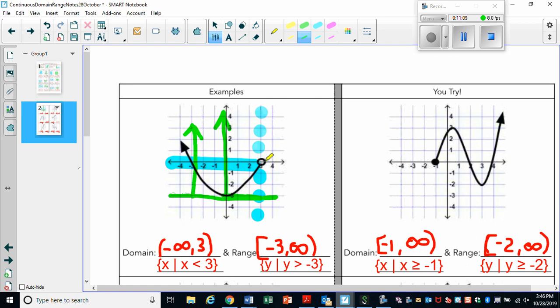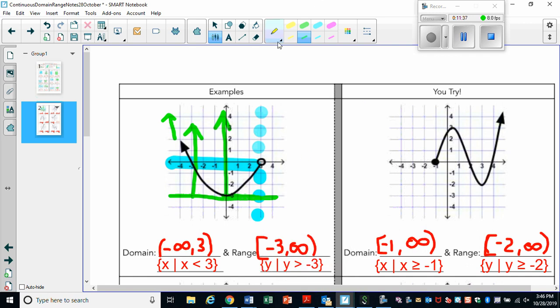Even though it looks like it stopped at x equals 0, remember, this line here is going to make this go on forever and ever. It looks like here at y equals 0 the function stopped, but notice the other side of the function. This is going to go forever and ever. So that's why our range for this problem is from negative 3 up to infinity.